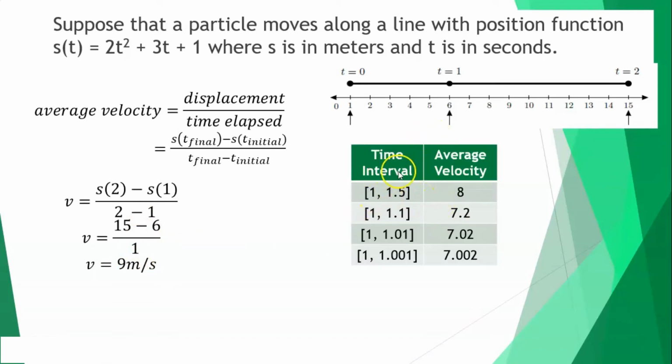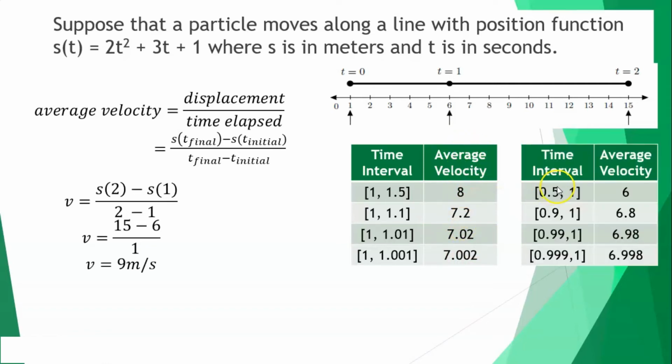Now, if we find the average velocity from 1 to 1.5, 1 to 1.1, and 1 until 1.001, we will get these corresponding average velocities. So again, this is displacement over time elapsed. Another one, from 0.5 to 1, 0.9 to 1, or 0.999 until 1, we will get these average velocities.